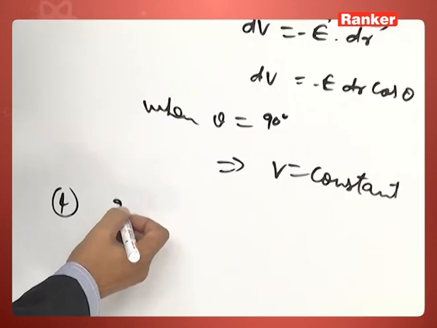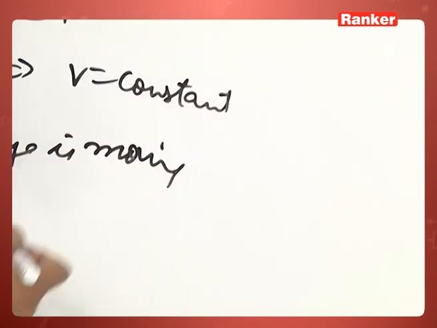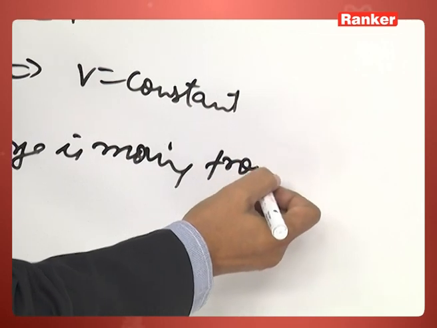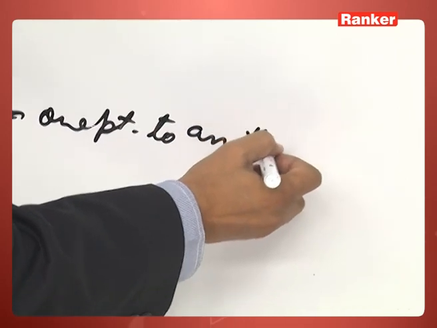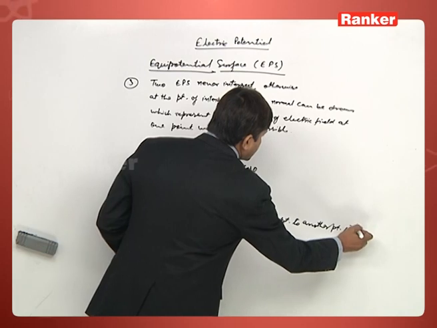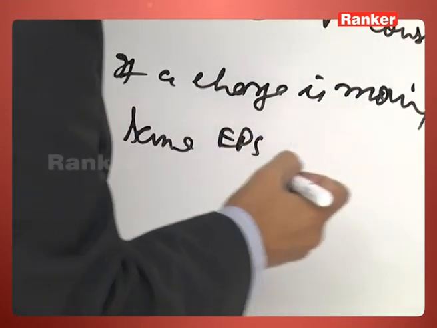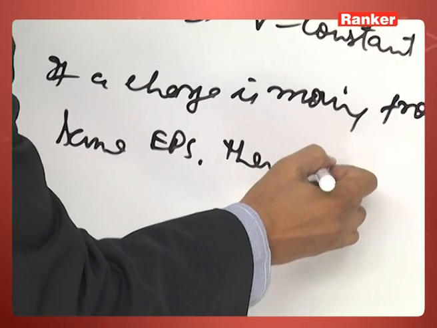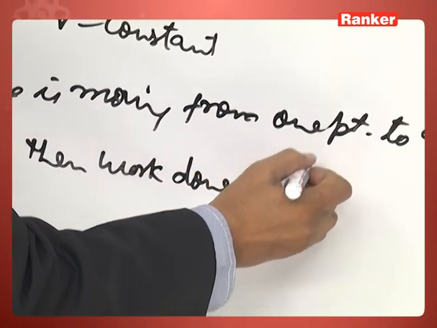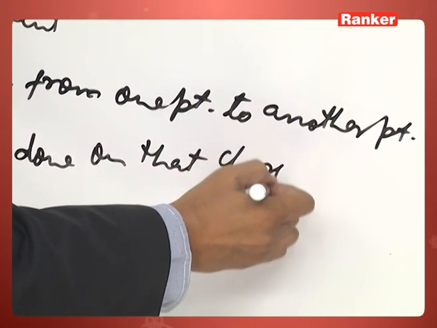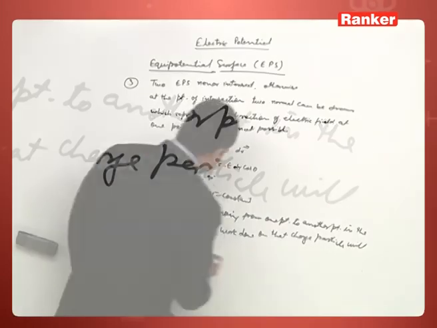So we can write: if a charge is moving from one point to another point on the same equipotential surface, then the work done on that charged particle will be 0.